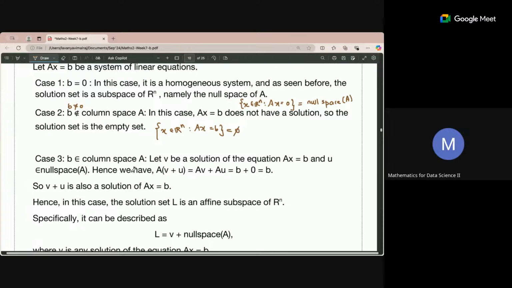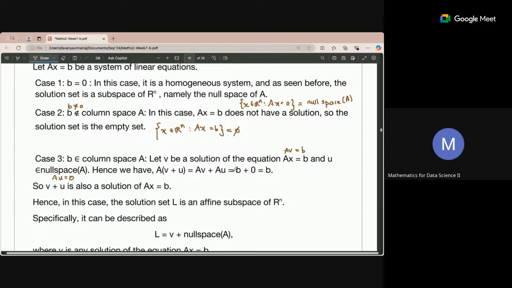Hence, we have A times (V plus U). What happens to A times (V plus U)? It is AV plus AU. Now, what is AV? V is a solution of Ax = B, so AV is equal to B. And U belongs to the null space of A, so AU is equal to 0.